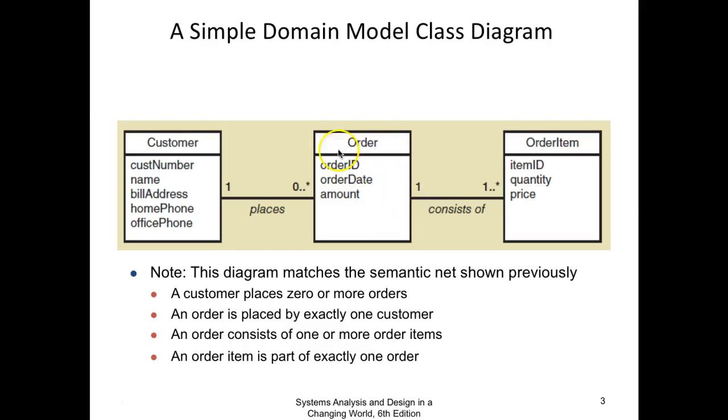So look at zeros and one on your domain model class diagram. Those help you identify, is this mandatory or is it optional? Can I exist without having a relationship with an order? Of course you can exist. That's an optional association for you. Can the order exist without being associated with a customer? No. And that's going to be a mandatory association for order.